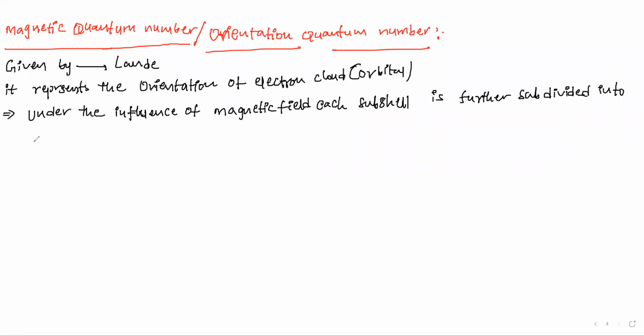So orbital is nothing but the electron cloud. The electron cloud is known as orbital.